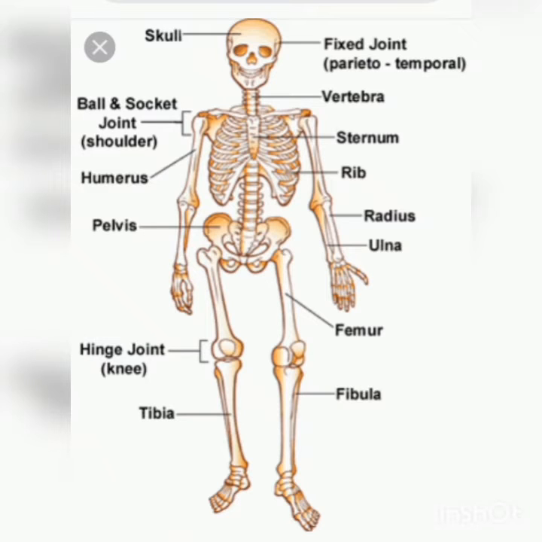The rib cage protects the heart and lungs, and the backbone surrounds and protects the spinal cord. Next come the limbs. Parts of the arms and legs all come under the limbs, which help us in doing many activities and in moving from one place to another.